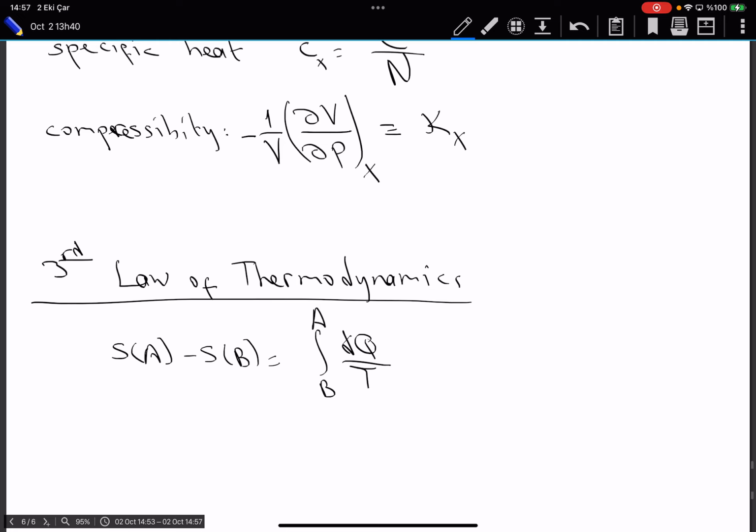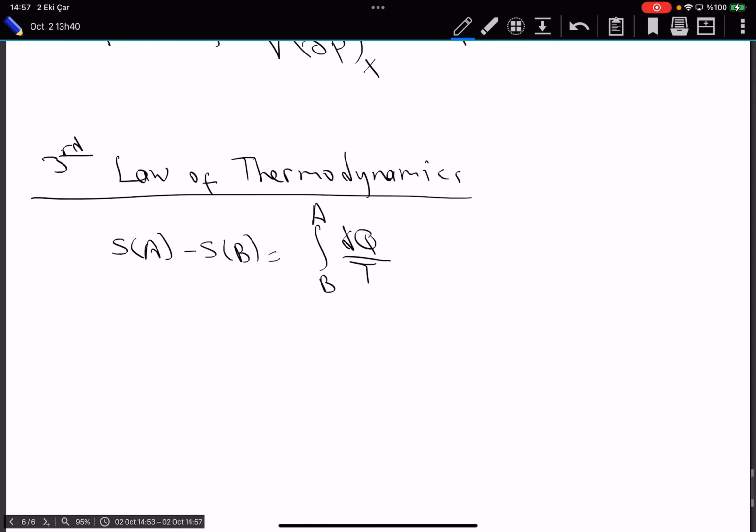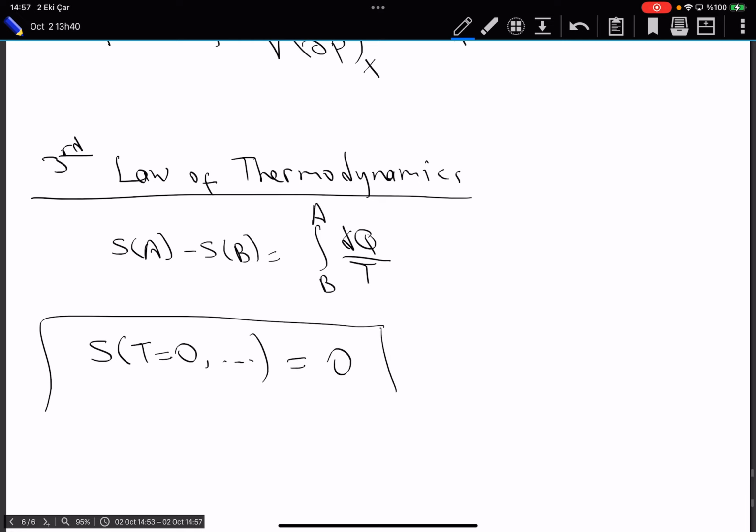It allows me to determine the entropy once I know the entropy of a reference state of the system, but it doesn't tell me what is the entropy of that reference state. Well, the third law basically specifies that number. So the third law tells me that the entropy at T equal to 0, other variables, is 0. So it fixes the constant over here.